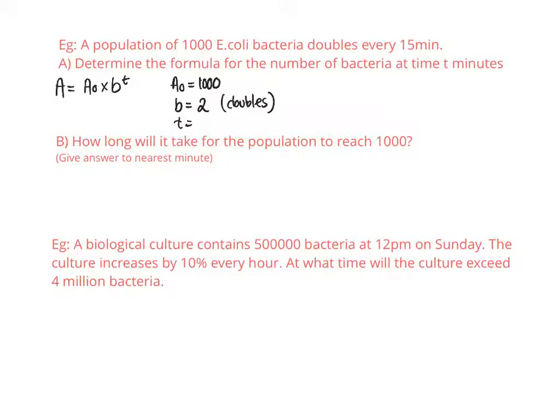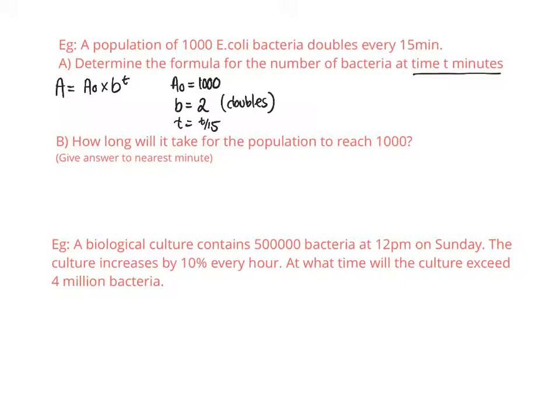Now, it doubles every 15 minutes. If T is time in minutes, then you've got to do the time divided by 15, because it's not doubling every minute, it's doubling every 15 minutes. So you're going to have to divide whatever time it is by 15 for that to be the doubling happening.